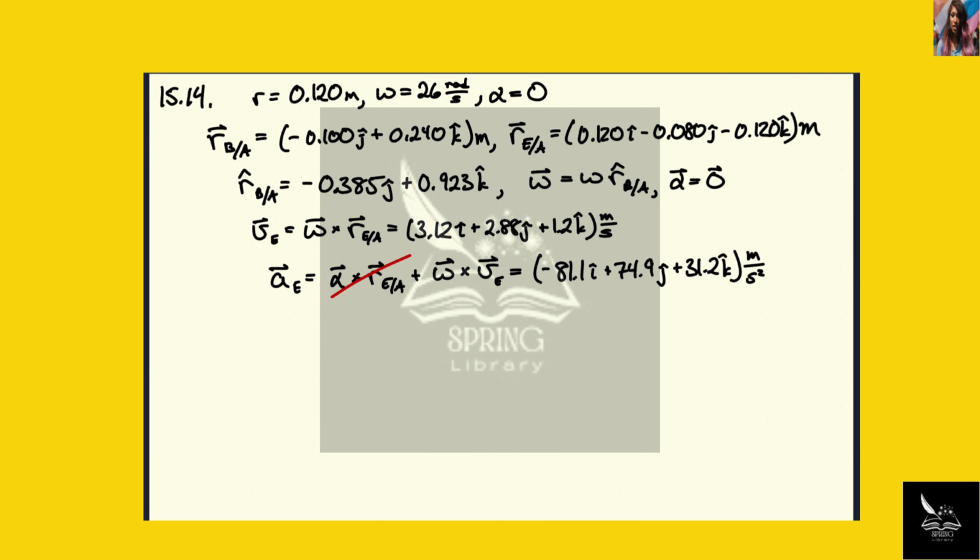Now the velocity at point E is the angular velocity crossed with the position vector of point E with respect to A. Again, we're using A as our basis here. Now we can just do this cross product, and we get the velocity for point E.